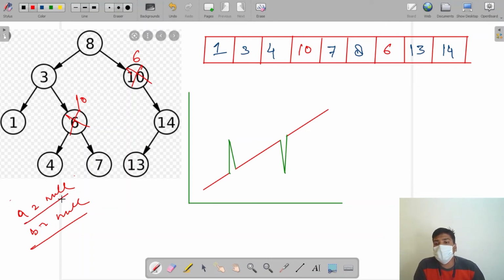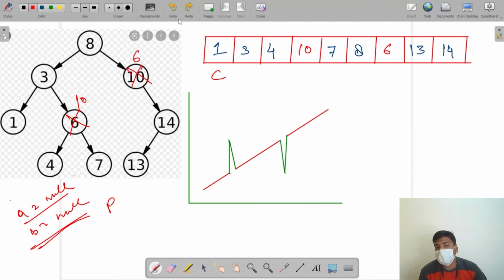So here my A is null, B is null, and previous is also null earlier. When I get the first element in my Morris traversal, I'll fix my previous. So suppose I start my current from the head, from this point.